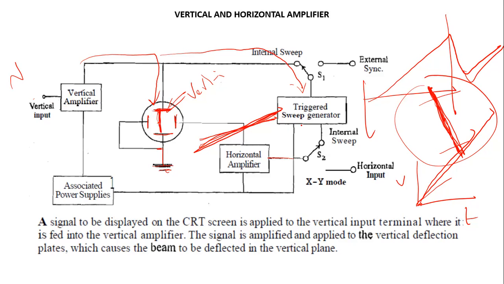But once you supply this kind of sawtooth wave here, a linearly increasing signal, these electrons will also be influenced by these positive plates. So these electrons will also travel horizontally. While it is traveling up, it is also having a horizontal voltage. That means it will trace something like this.